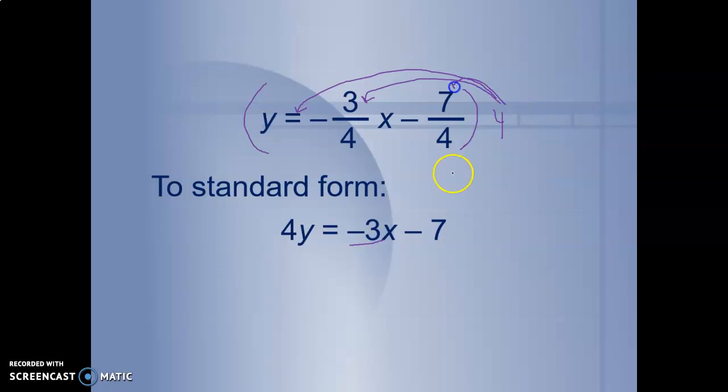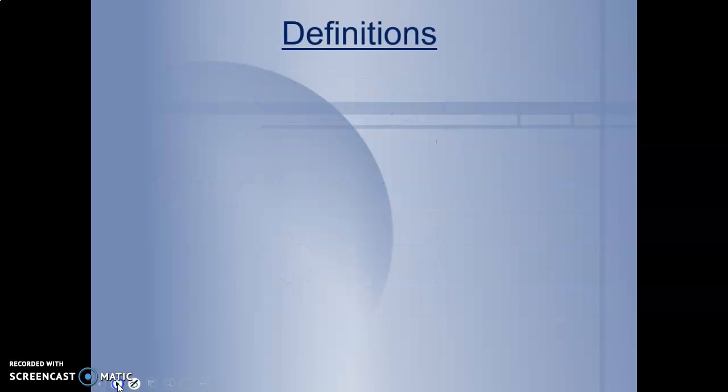And 4 times negative 7 is just the negative 7. So the fourths will cancel out there. We then need to move our x over to the other side. So we're going to add 3x to both sides, and we get 3x plus 4y equals negative 7. So that's how we change that from point slope form to slope-intercept form, and finally to standard form.